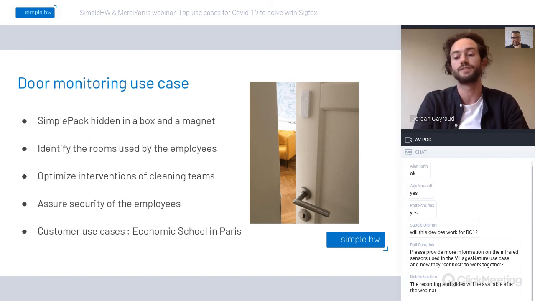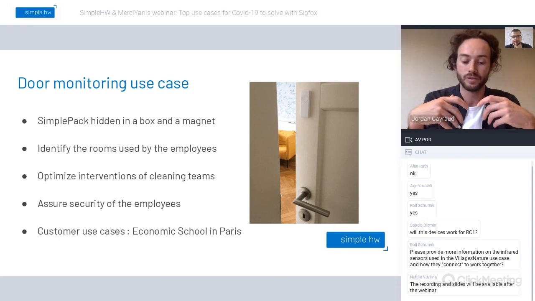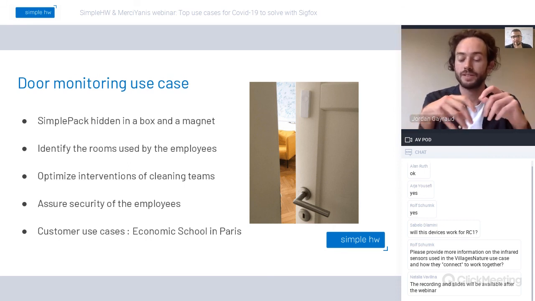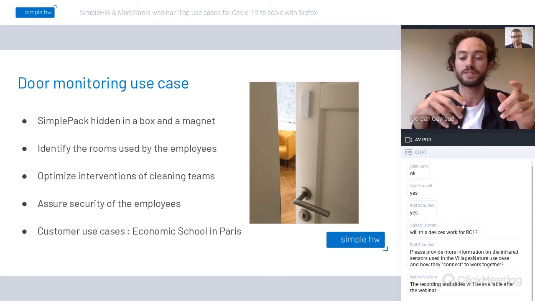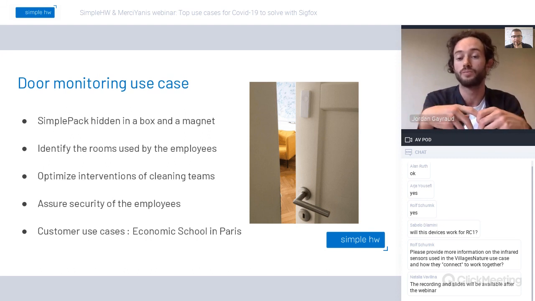We interconnected the sensors on our Sigfox backend, and we know that this button is linked to these infrared sensors. So when we receive messages from one or the other device, they are put in the same group inside MerciYanis, and we can automatically handle clicks or counting from each other. Very cool.